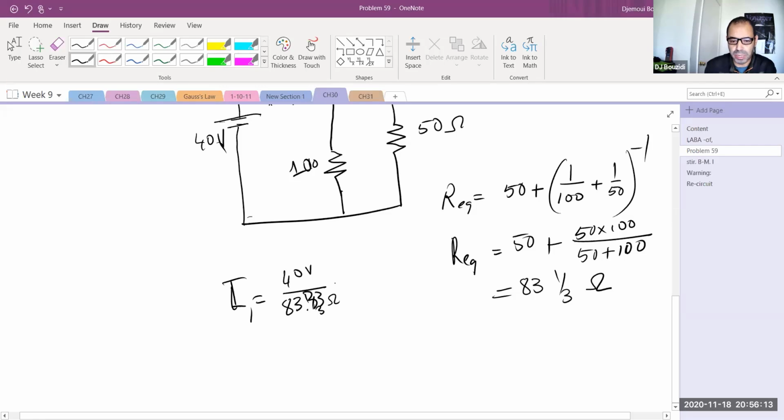So the current is going to be a little less than half an amp. So it's going to be what? 40 divided by, open parentheses, 83 and a third.